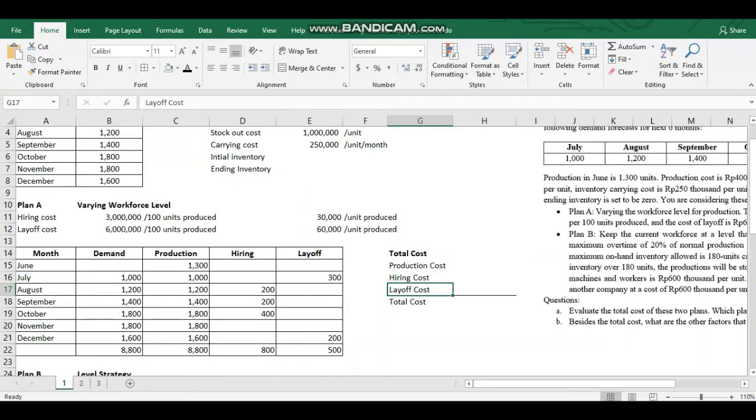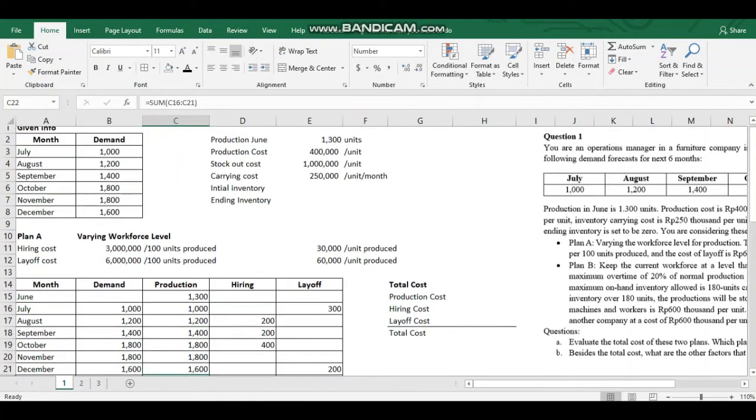Okay, so here the total production is 8,800 units, and to get the total production cost, we have to multiply it by the cost of production per unit.